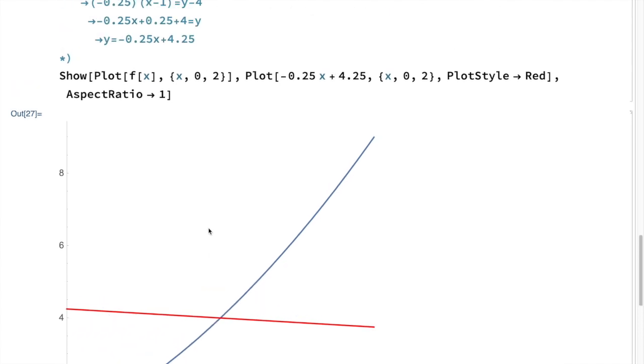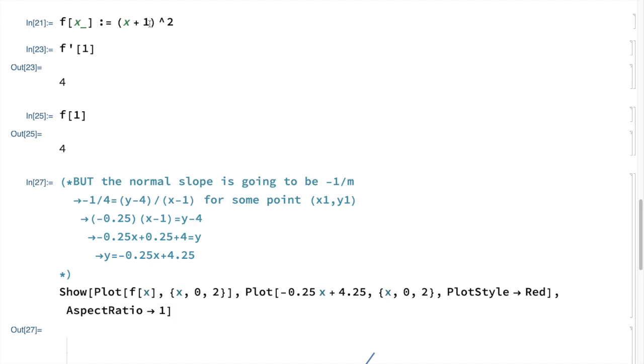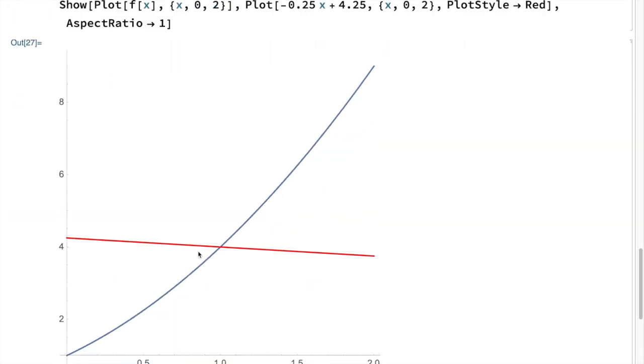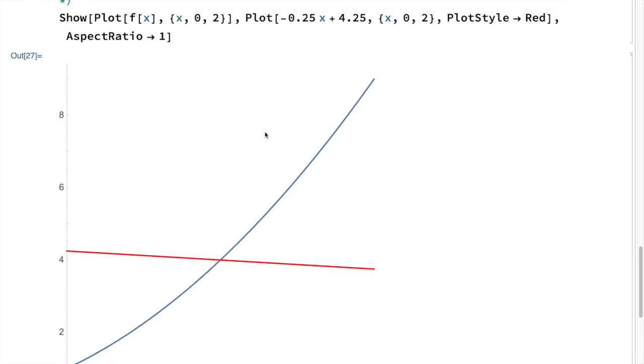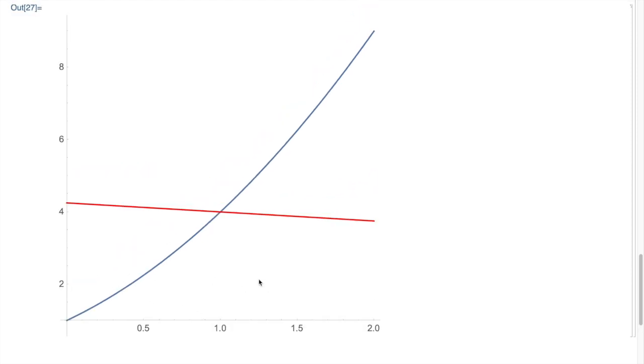Still looks kind of weird, doesn't it? What's going on here? This thing is still not graphing the right way.